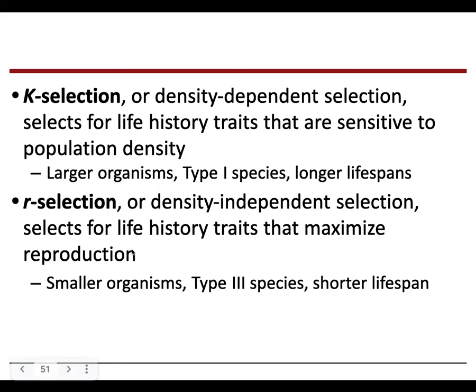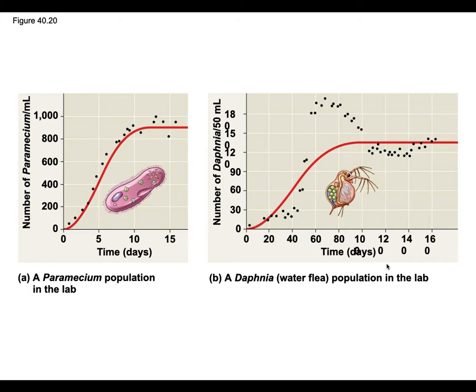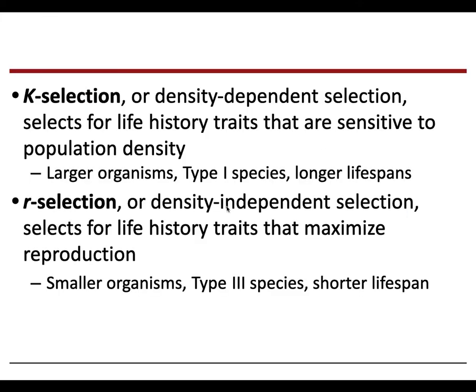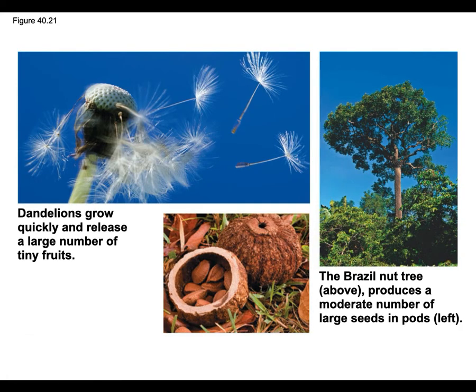And there's R selection, or density independent selection, where smaller organisms, type 3 species, and shorter lifespans really are all about maximizing that reproductive event. We tend to see more overshoots in more R-selected species than K-selected species. This is more of a rapid boil, and this is a slow simmer when it comes to population growth change.